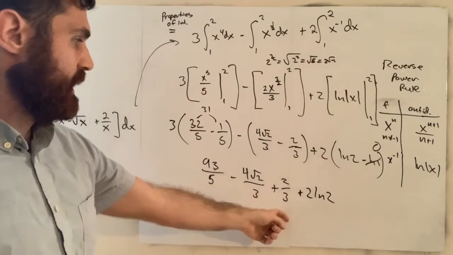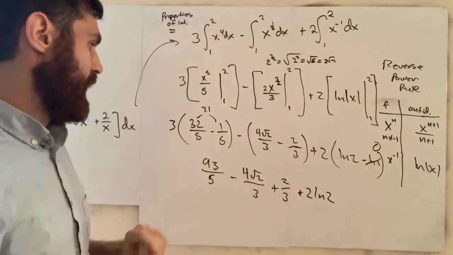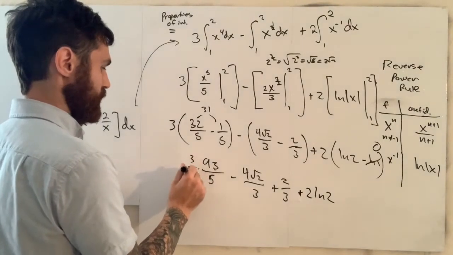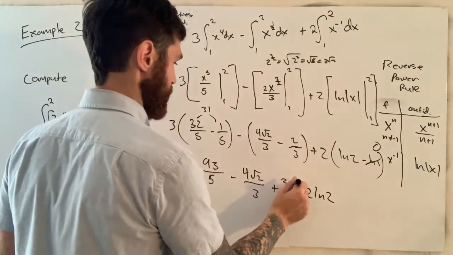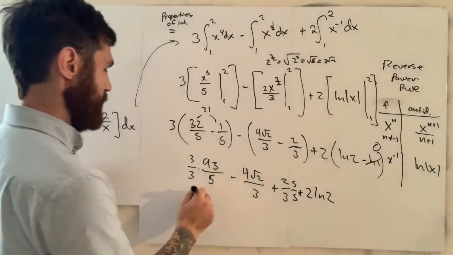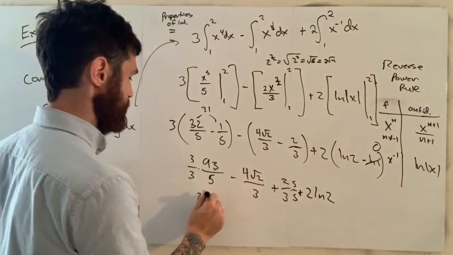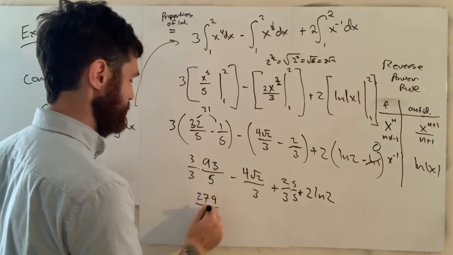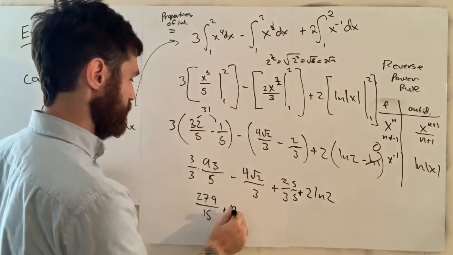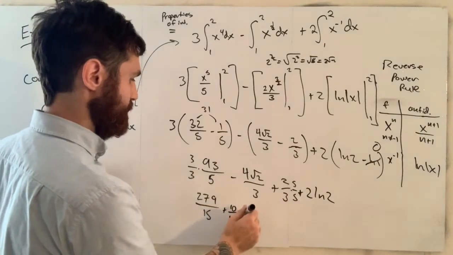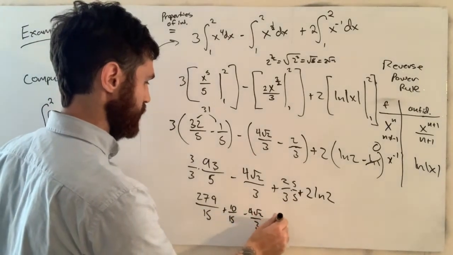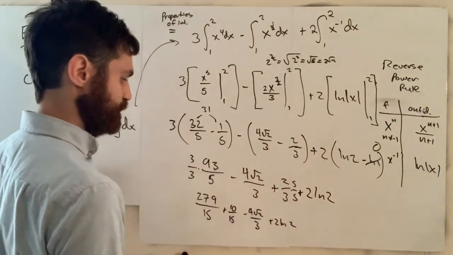can also combine 2/3 and 93 fifths by multiplying this by 3/3 and multiplying this by 5/5. If I multiply this by 3, I'm going to get 279 over 15, and then I'm going to add 10 over 15, and then I have minus this 4√2 over 3 plus 2 natural log 2.